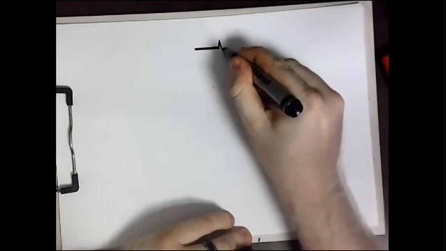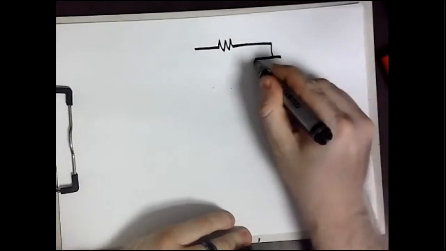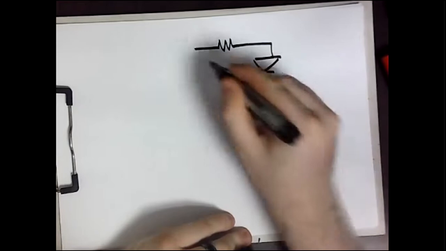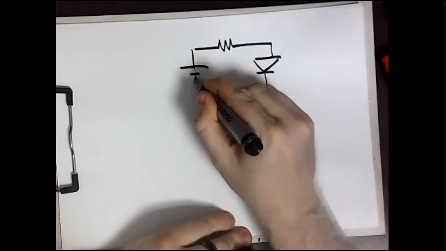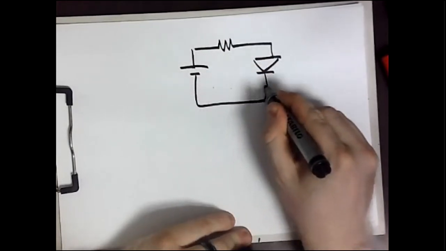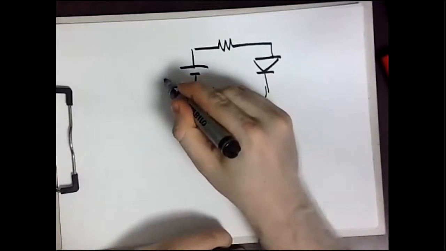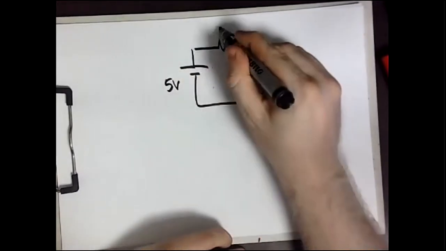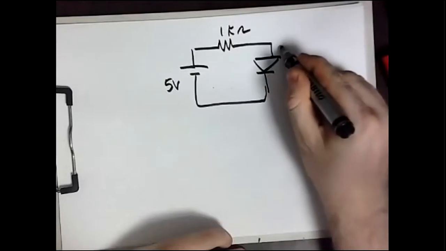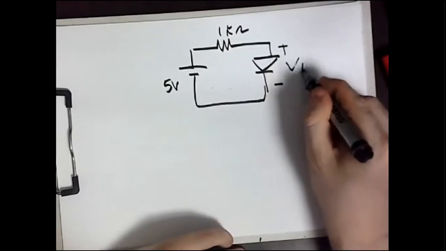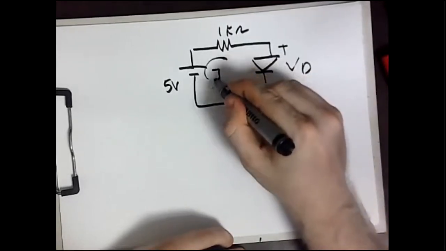Okay, that's perfect. Our circuit is as follows. We have a resistance, a diode, and we have a DC supply. This voltage is 5 volts. This resistance is 1 kilo ohm. This is the V_D, and this is the I_D, the current we are searching for.